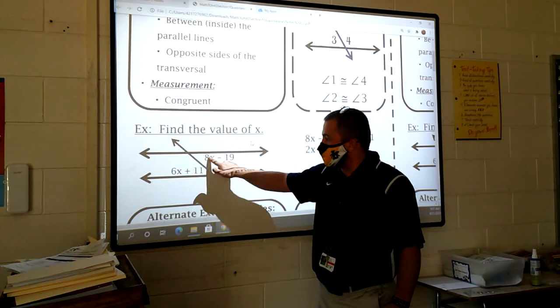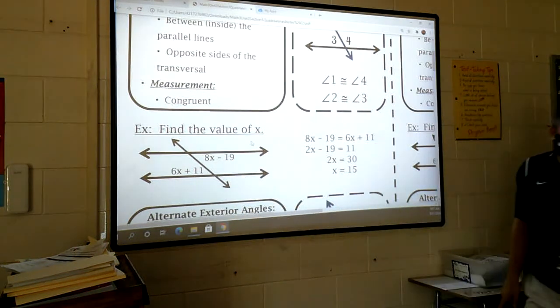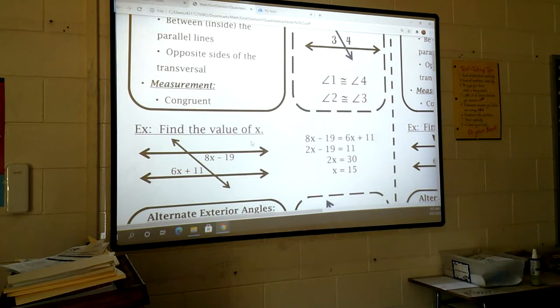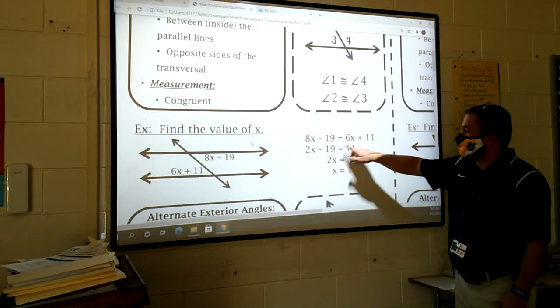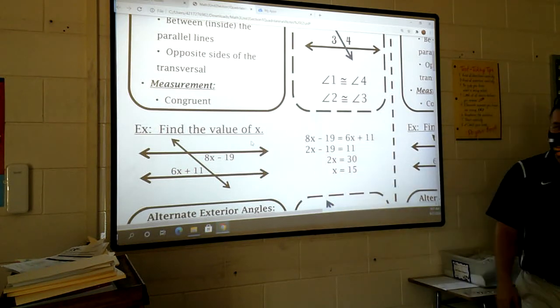They're alternate interiors, so they have to equal each other. Then we go back to unit 1 and we're just setting up a basic equation and solving for x. So 8x minus 19 equals 6x plus 11. We then subtract the 6x, add the 19, divide by 2, and we get our answer.